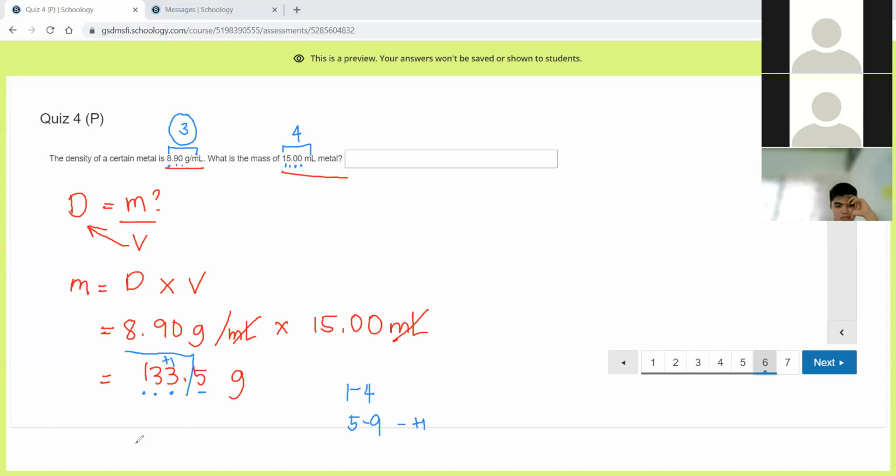So dapat plus 1 ni siya, which means the final answer should be 134 grams. Naani siya ay 1, 2, 3, 3 significant figures. So we are following now the rules sa significant figure. So kinsa dinhi ang tama dapat pero gimalian sa Schoology. Again, the correct answer is 134 grams.